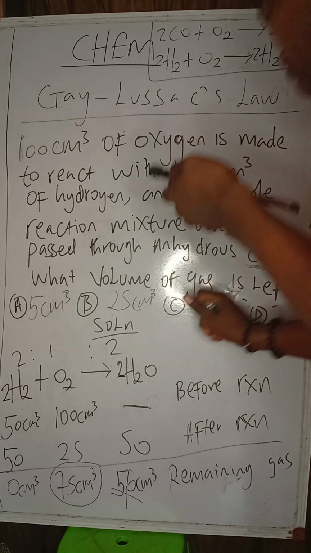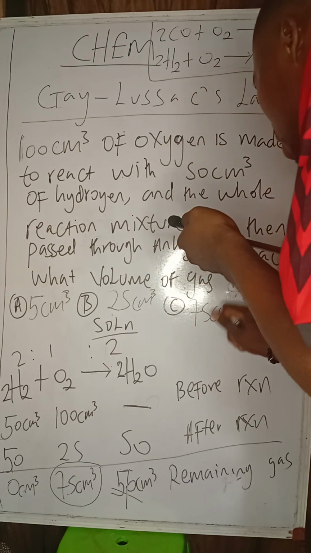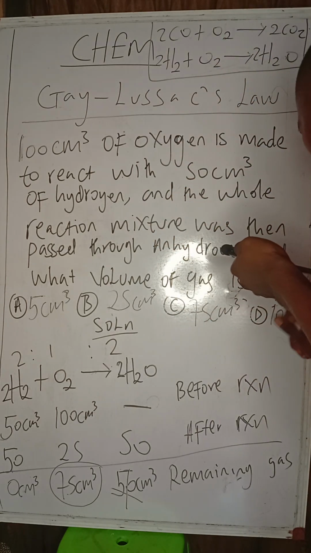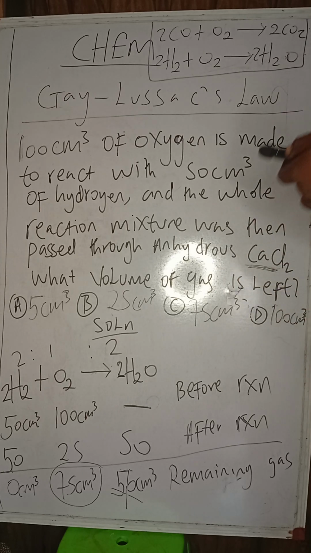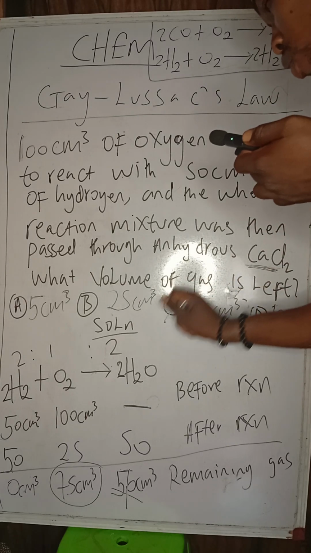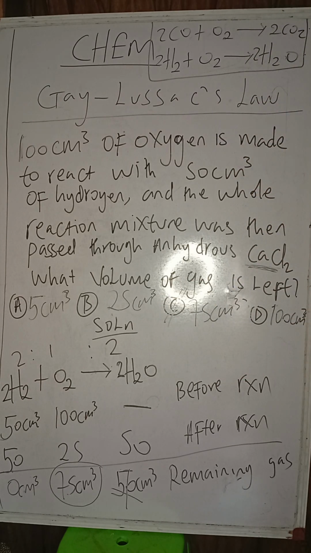Option B is 75, option C then 100 cm³ option D. So the answer is 75 cm³, option C. 75 cm³ of oxygen gas is left.